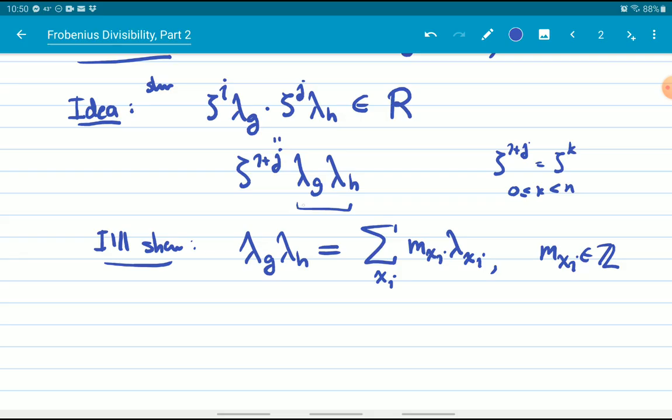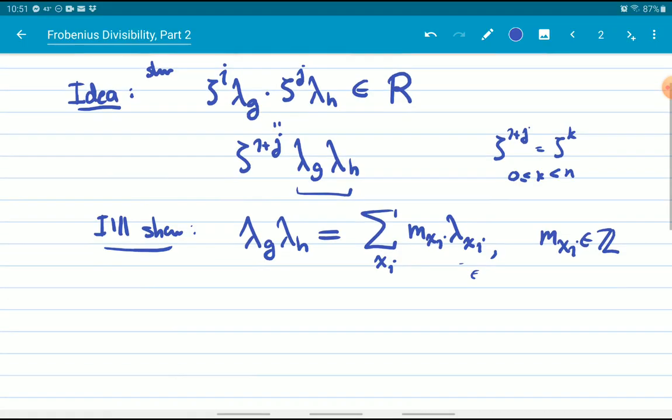The product of lambda g and lambda h will be an integer linear combination of other lambdas. Such an integer linear combination is certainly in R. If I multiply in the front by zeta to the k, the whole thing will still be in R. So this will show that R is closed under multiplication.